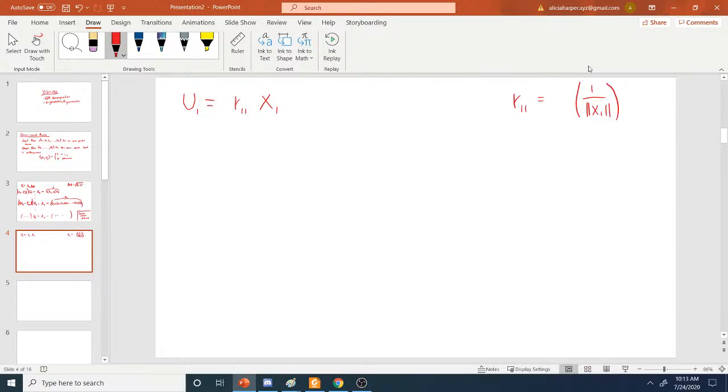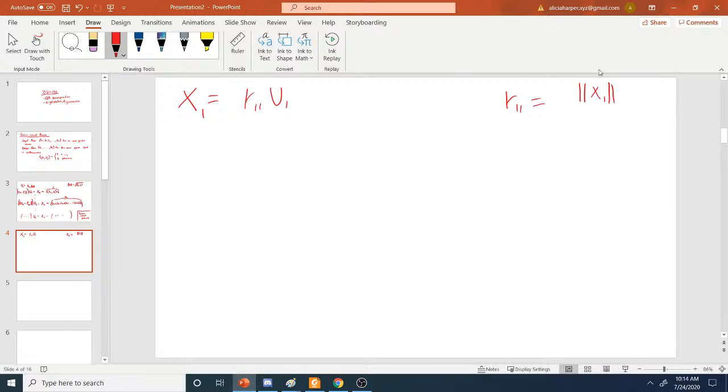And we're also writing, actually, let's reorganize this slightly. I'm going to flip that around, and you'll understand why I'm doing this in a second, but I'm going to instead write x1 is equal to r11 u1, where r11 is equal to the magnitude of x1.